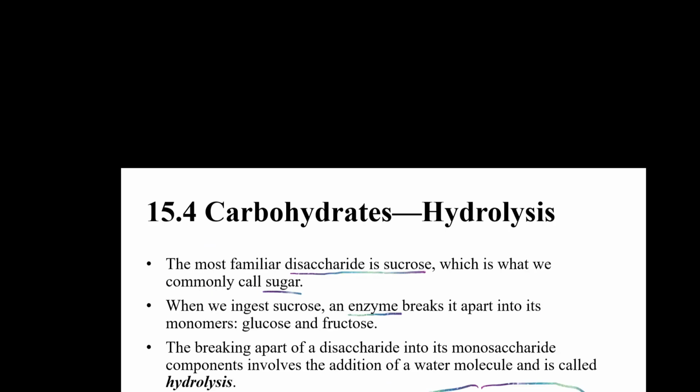What they're showing on this slide is how we get this ring structure: this oxygen and this carbon bond together, and we get that bond right there, and then this oxygen and this carbon bond together, and we get that bond right there. So here we are taking a disaccharide and breaking it into its monosaccharides, and what I want you to know is that process of adding water to break that disaccharide apart is called hydrolysis, water cleaving.